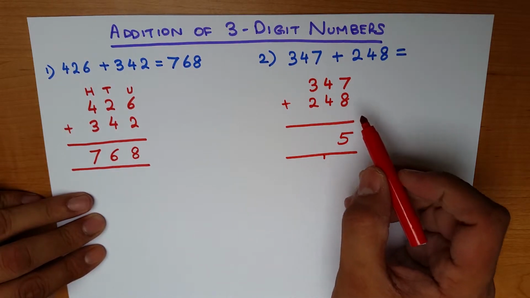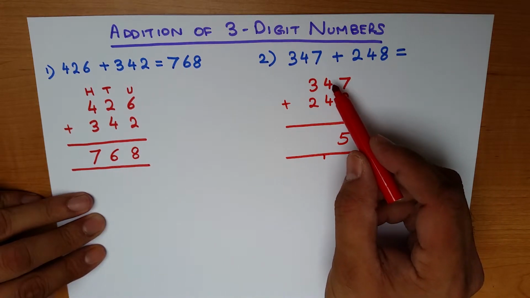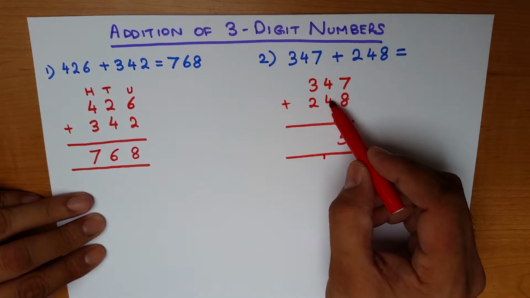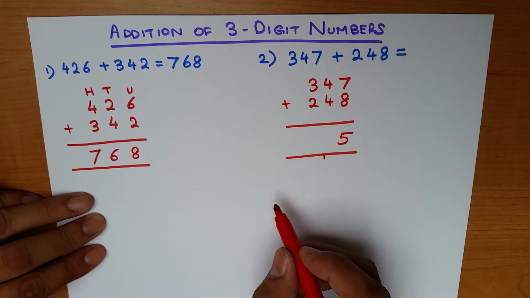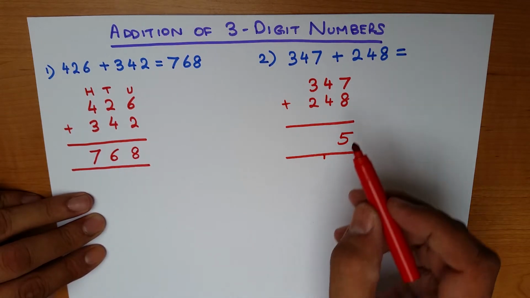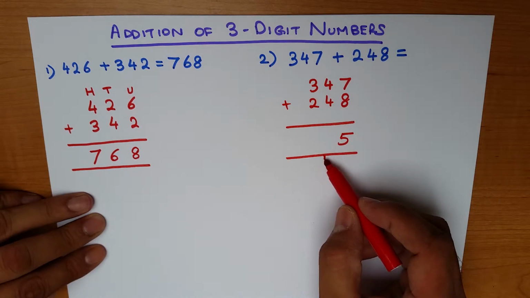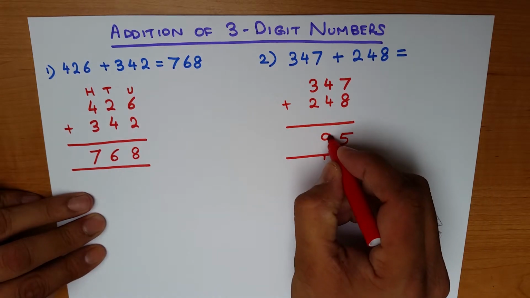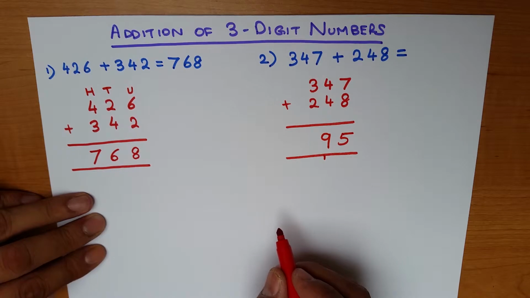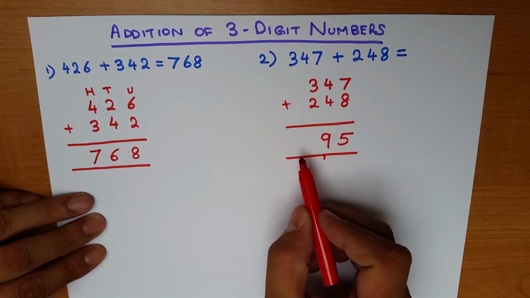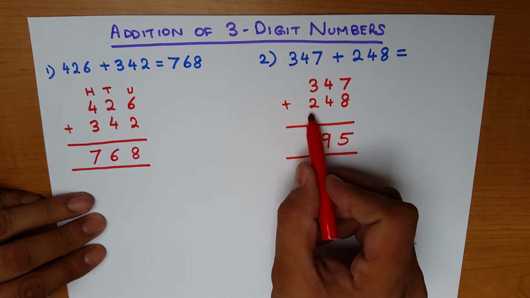Having added the units, we now add the tens. What is 4 plus 4 plus 1? 4 plus 4 is 8, plus the 1 is 9. And lastly, we add the hundreds column.